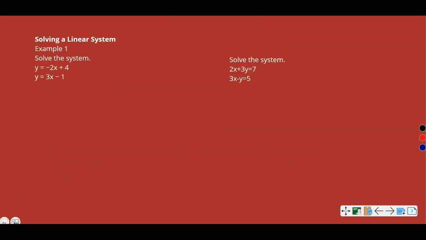All right, example 1 is solving a linear system. So this is a quick reminder from Algebra 1. To solve this system, you can either do substitution, elimination, graphing. There's several ways you can do that. So let's pull up our calculator and graph this system quickly.